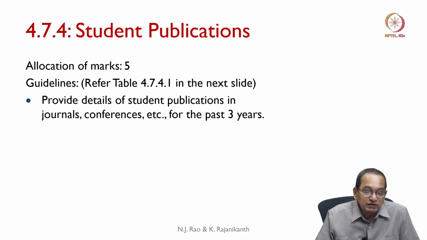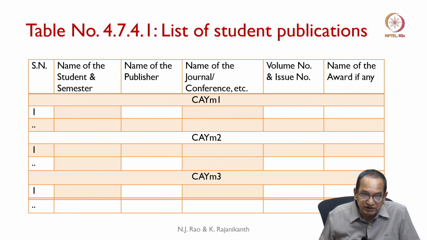Then finally, we have 4.7.4, which is student publications. There are 5 marks. If the students have been able to publish in journals or conferences, provide those details for the past 3 years.